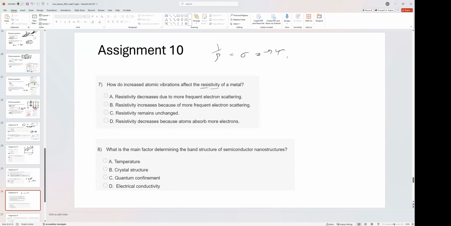Second is your density of charge carriers, so the number of electrons. Relaxation time is how long it takes an electron moving to have one consecutive collision with the lattice.